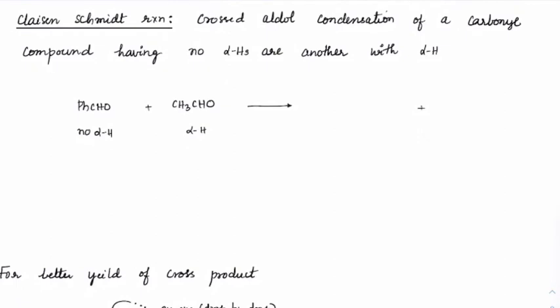Next, within this, if you have a crossed aldol happening where one of them has an alpha hydrogen and the other one doesn't have an alpha hydrogen, then definitely the one which has alpha hydrogen would become the donor, because the one which has alpha hydrogen can have the carbanion, and that is the one which will attack.